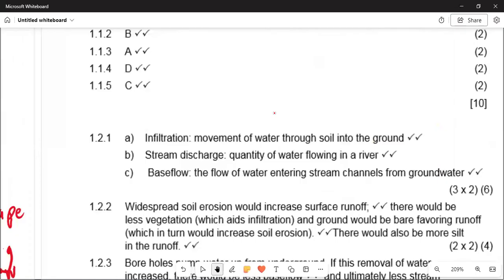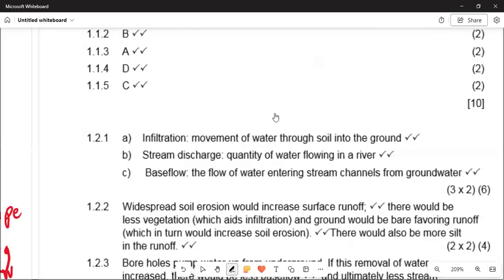There would be less vegetation, which aids infiltration, and the ground would be bare, favoring runoff, which in turn would increase the soil erosion. Remember that the more the water is, the more there will be soil erosion. There would be more silt in the runoff. You get now your 4 marks. I hope that one is very, very clear for you.